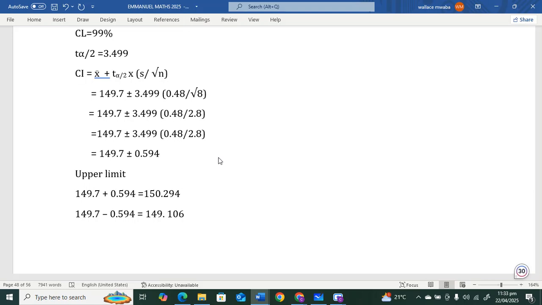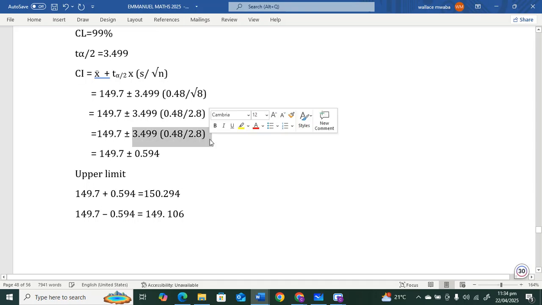When we divided 0.48 by 2.8, we got about 0.17.